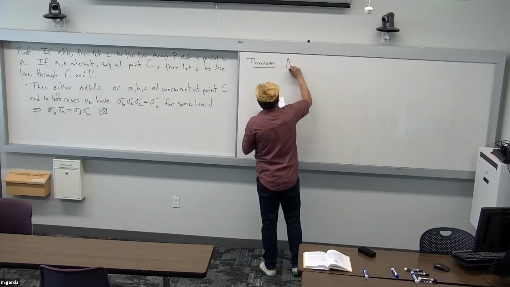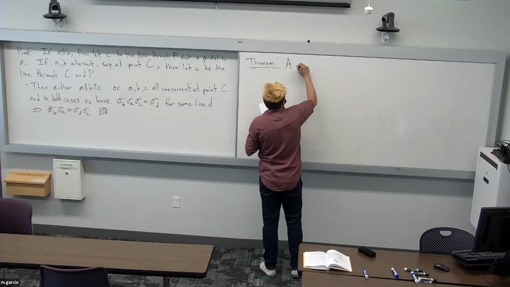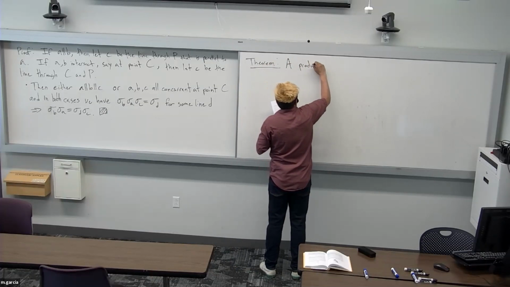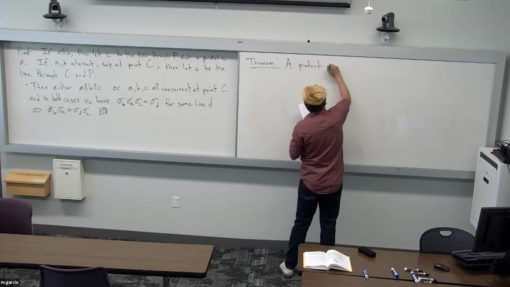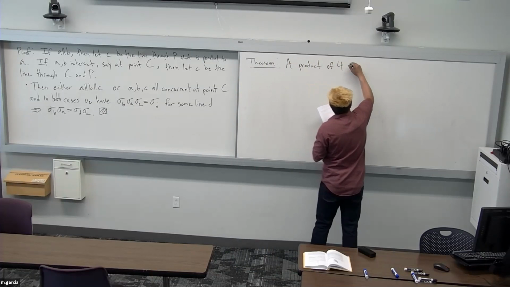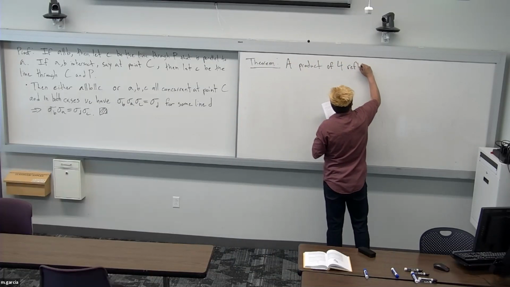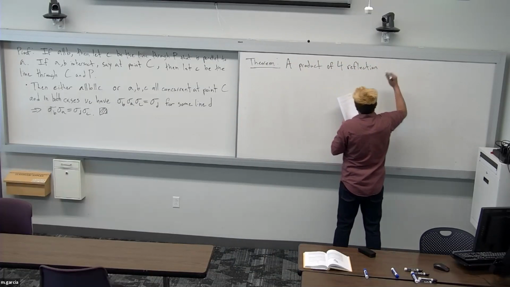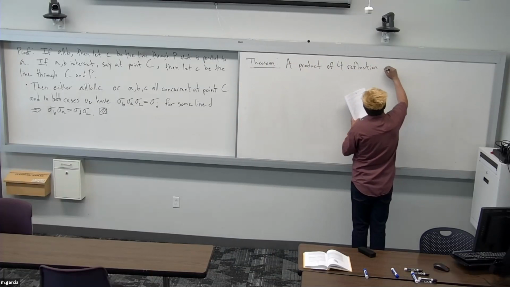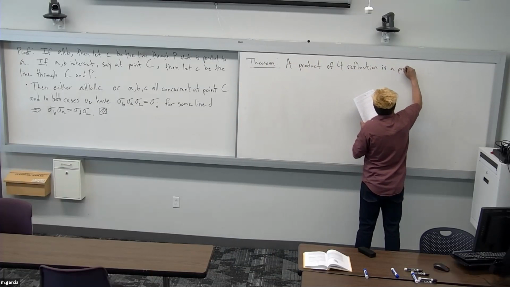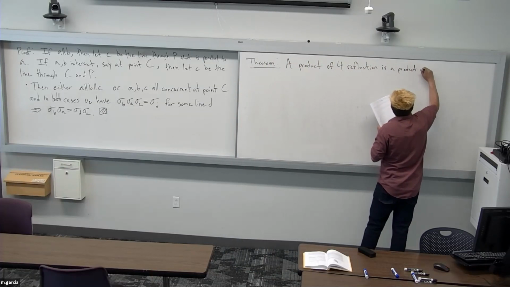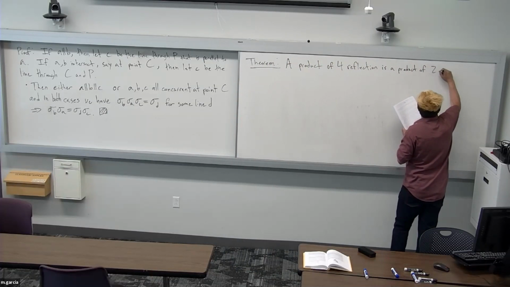Okay, we're going to start very simply and show that a product of 4 reflections is a product of 2 reflections.